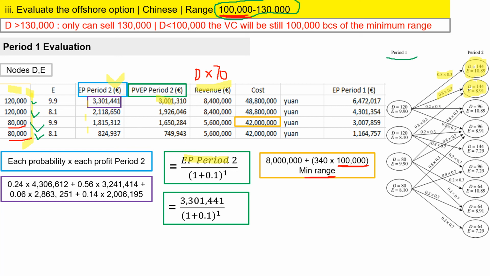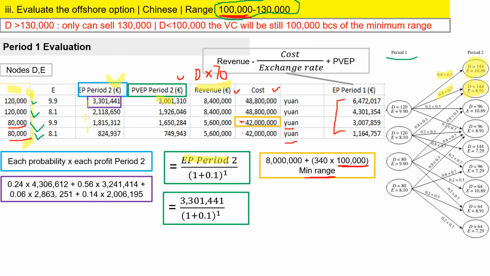And we get this cost in yuan, and for the expected profit in period 1, we get this from the revenue minus cost divided by the exchange rate plus the PVEP, and we got this number, the expected profit period 1 in euro.